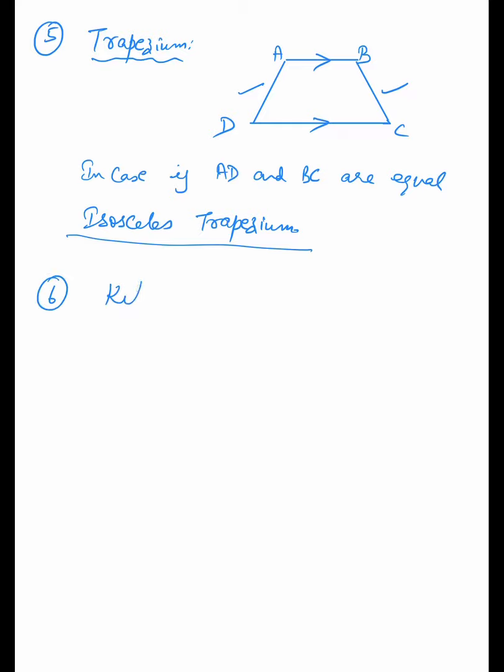Next is a kite. Now what is a kite? A kite is again a special type of quadrilateral. What can you say about a kite? Tell me. Can I say opposite sides are equal? No. Opposite sides are parallel? No. But what is there?